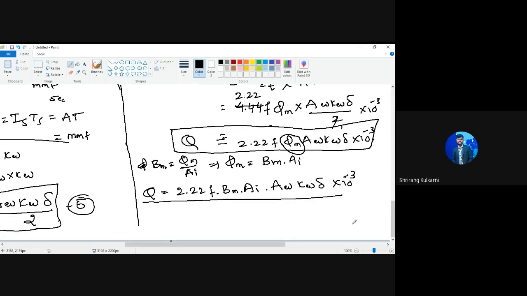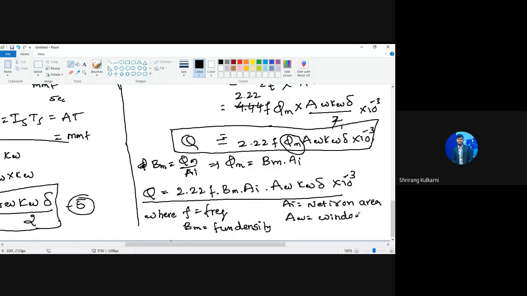Getting this one? At last, we have to write like this, where F is the frequency, Bm is the flux density, AI is the net iron area, AW is the window area, KW is the window space factor, and delta is the current density.